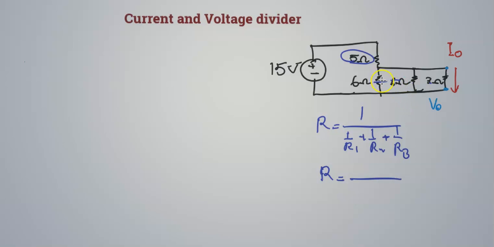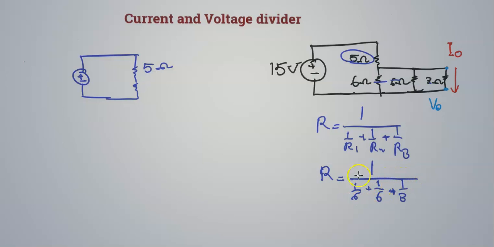Before calculating these three resistors in parallel, I redrew the circuit to represent the two resistances. This one is 5 ohm, and we're going to find this one, which is the combination of these three resistors: 1 over 6 plus 1 over 6 plus 1 over 3.